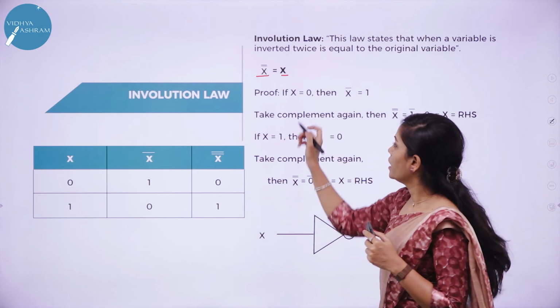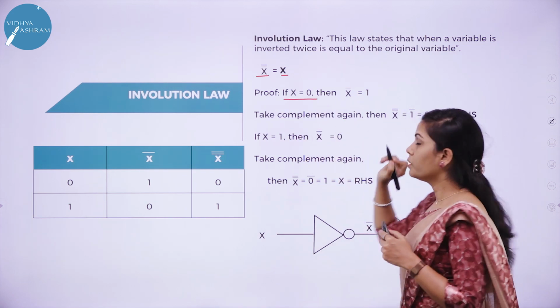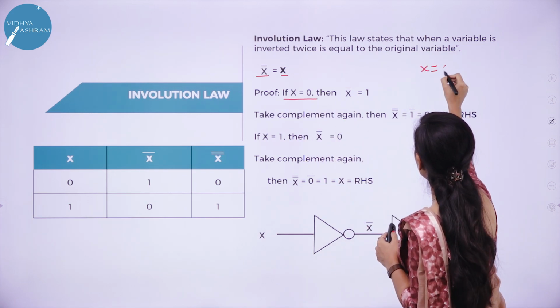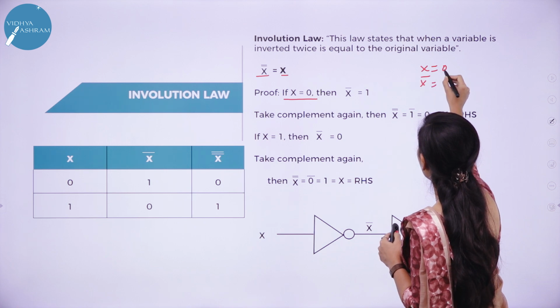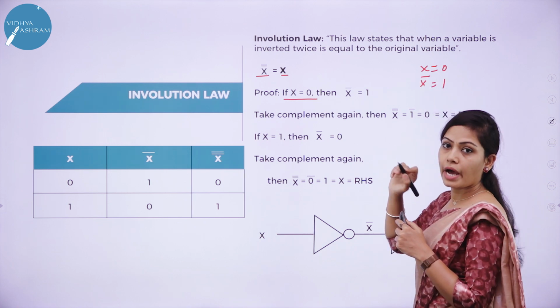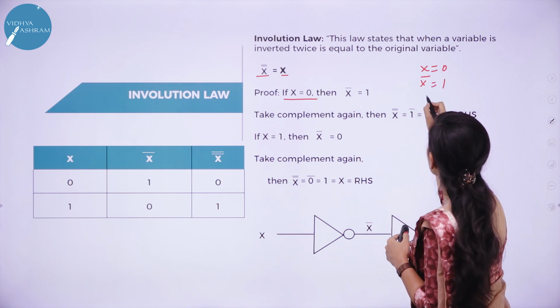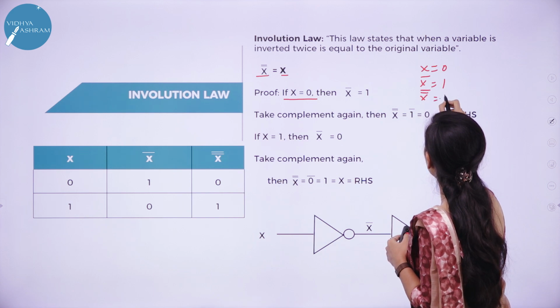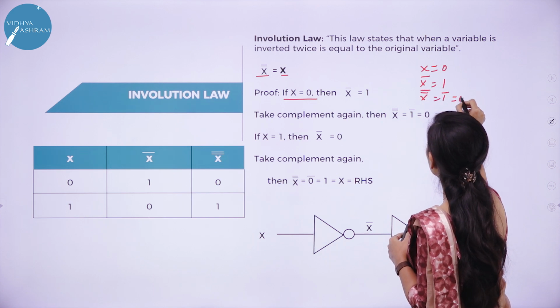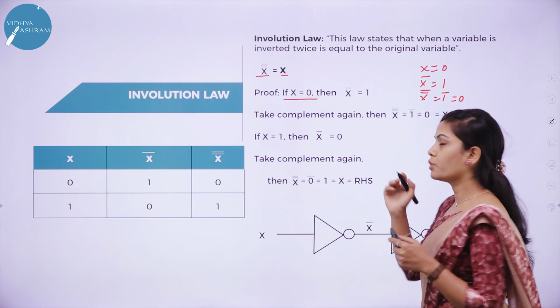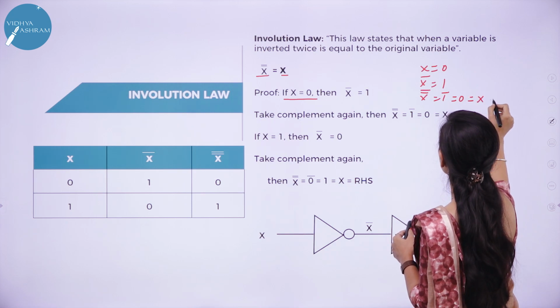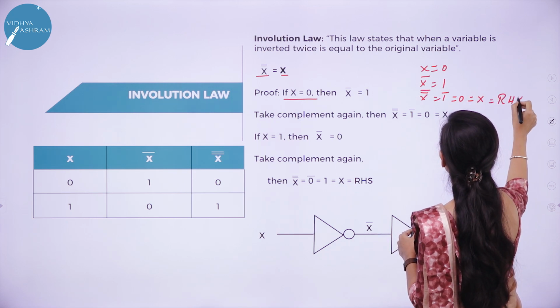How to prove this? Put x is equal to 0, what is x bar? X bar is equal to 1, and take the complement again. So x double bar is equal to 1 bar, that is equal to 0, which is equal to x. This is your RHS.